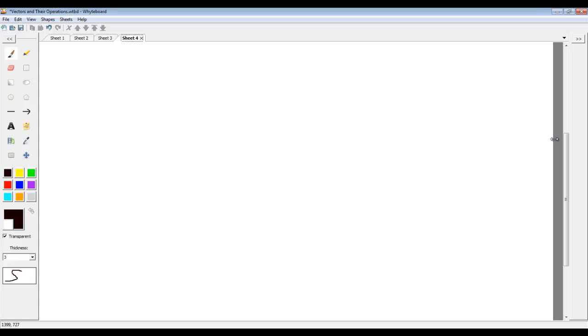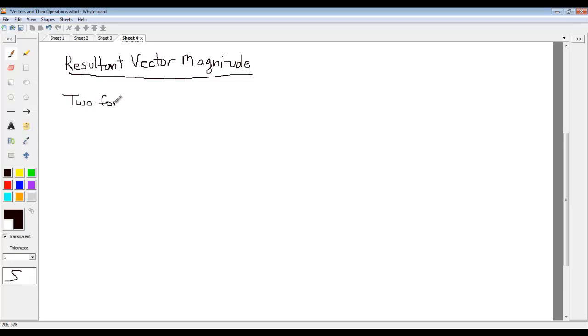Okay, finding the magnitude of a resultant vector. Let's say you have a question that says two forces of 32 and 48 newtons act on a point in the plane.